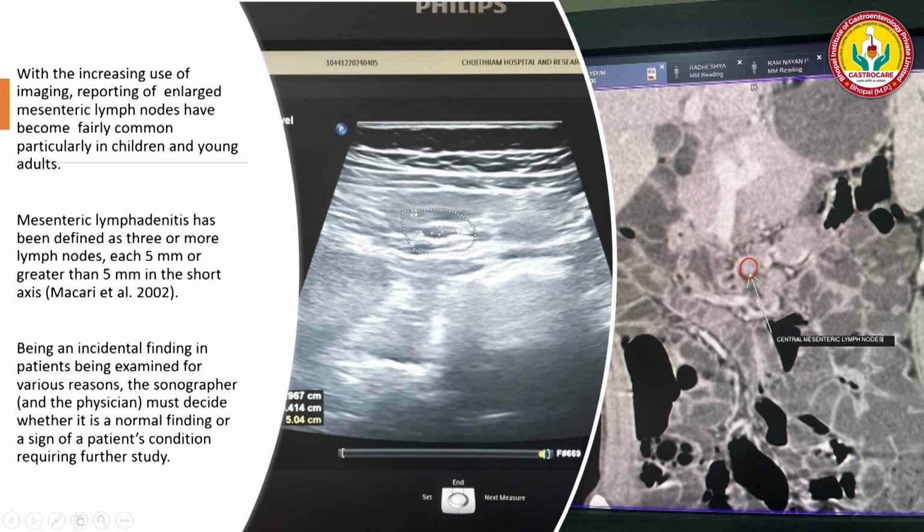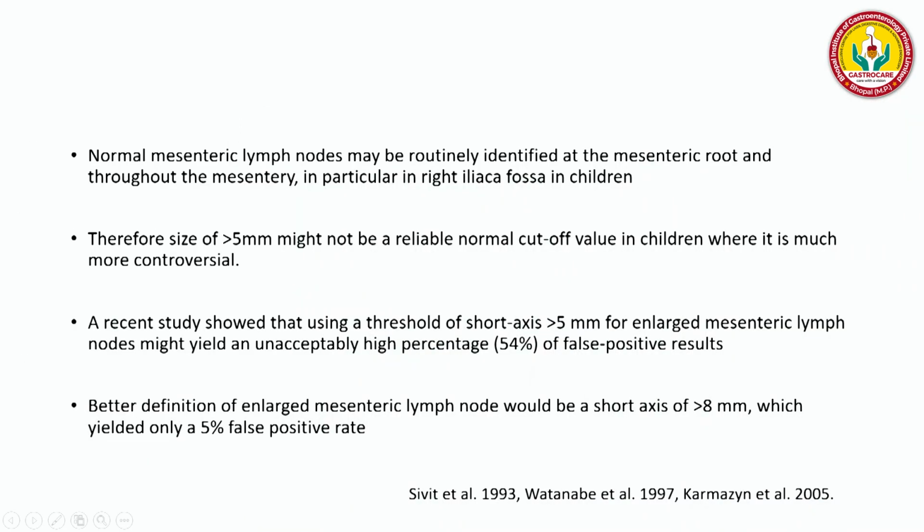And being an incidental finding, patients most often become curious about these lymph nodes. Normal sized lymph nodes are routine lymph nodes. If they are less than 5 millimeter, they should be ignored. They are usually seen in children, especially after an episode of fever or an episode of pain in abdomen.